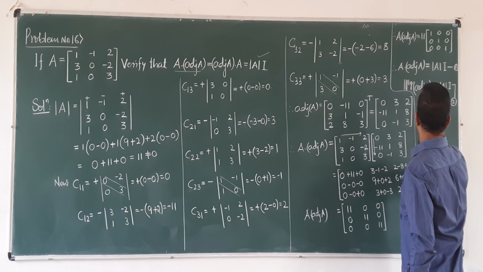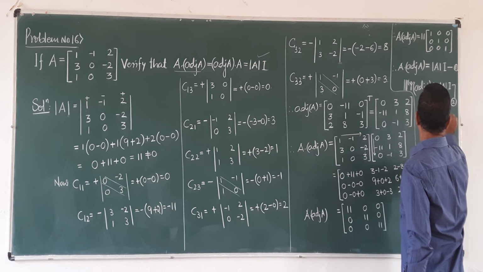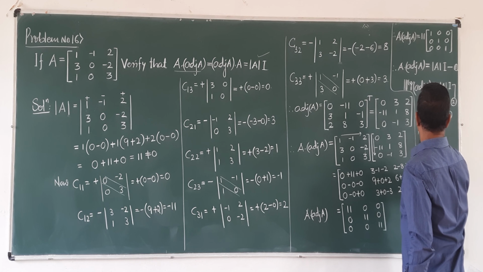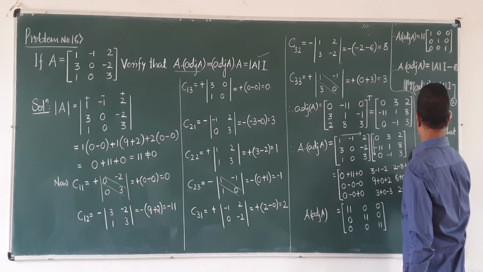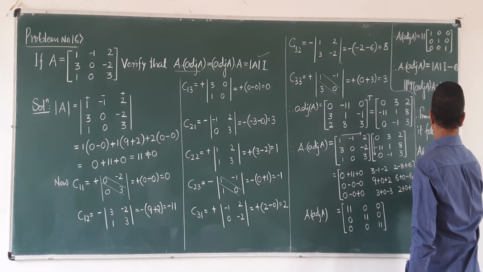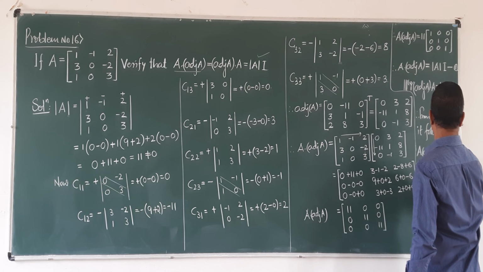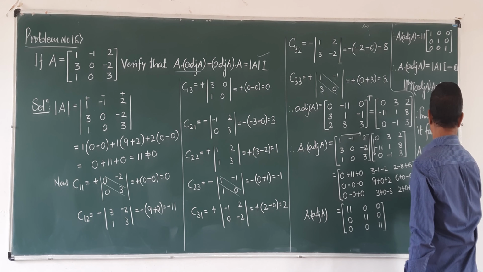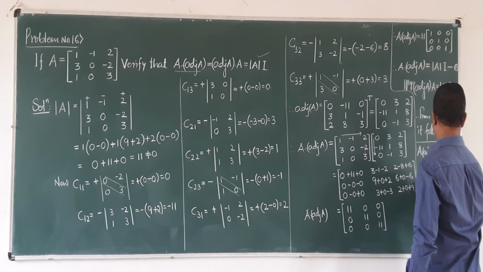Therefore, from 1 and 2, we conclude that A into adjoint of A is the same as adjoint of A into A, which is equal to determinant of A into I.